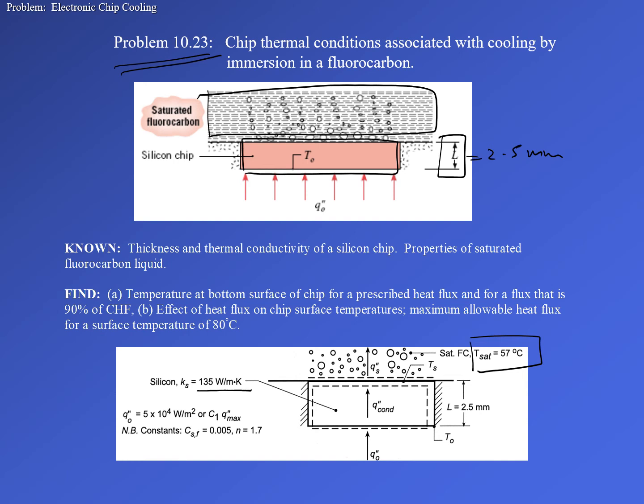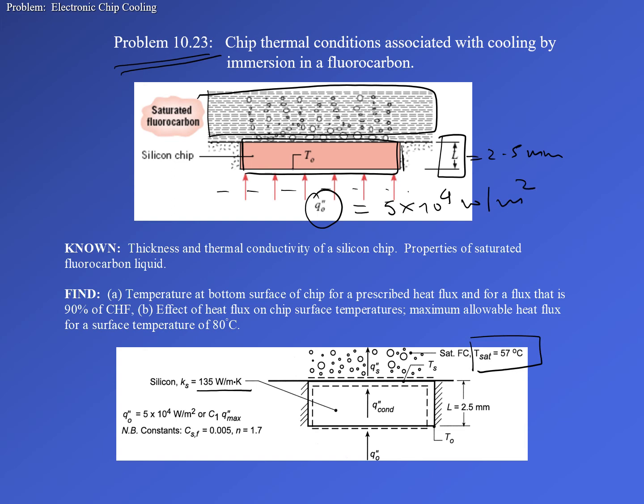The electronic circuits are on the bottom of the chip. The chip is pasted on some surface, and the electronic components just below the chip are generating heat with a uniform heat flux of q naught double prime, which in this case is given as 5 times 10 to the 4, which is 50,000 watts per meter square.